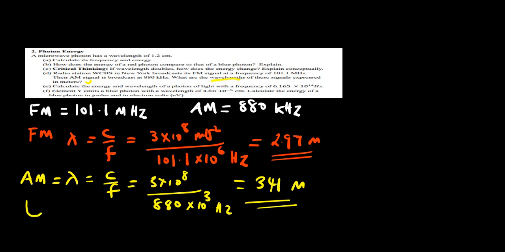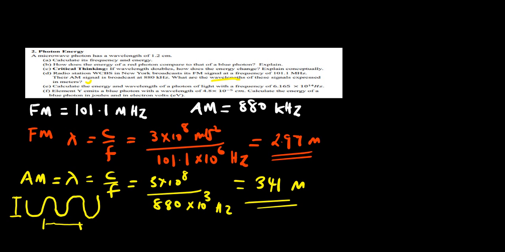Now let me make something clear here. If you have your wave, let me say this is your wave. The frequency is how many times the wave is repeating itself. The amplitude is how high. So when I'm talking about an FM signal, it means a signal that is based on how many times the wave is repeating itself. The amplitude is based on how high the wave is, in terms of magnitude.